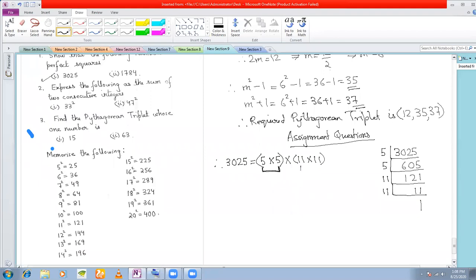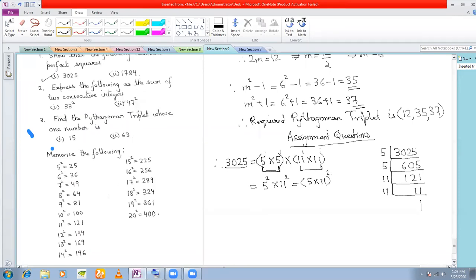5 and 5 are equal. 11 and 11 are equal. And the power here is 1. All powers are 1. So it has been expressed as a product of pairs of equal primes. Therefore, you can write this as 5 square into 11 square, which is equal to 5 into 11 whole square.